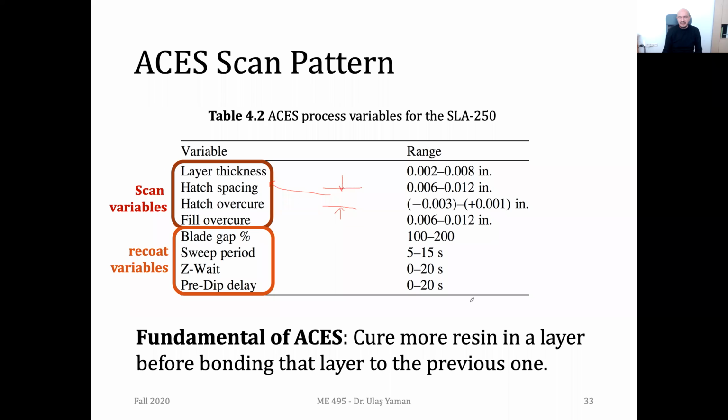The thing is that we actually need to be curing more material in that layer before bonding into the previous layer. Otherwise, they will not penetrate into each other, and we will not have stronger products. So that's why we should be curing more than the layer thickness to have good results.